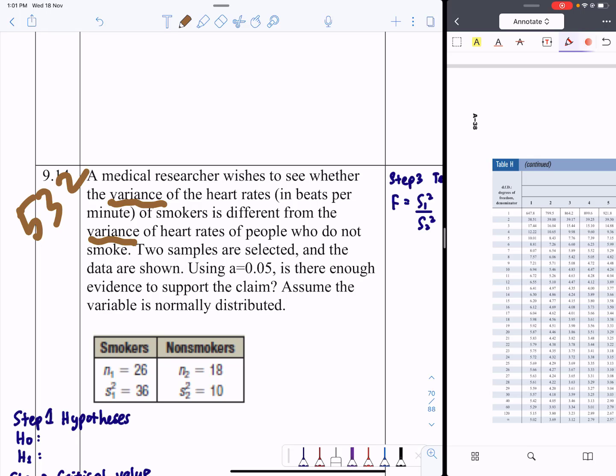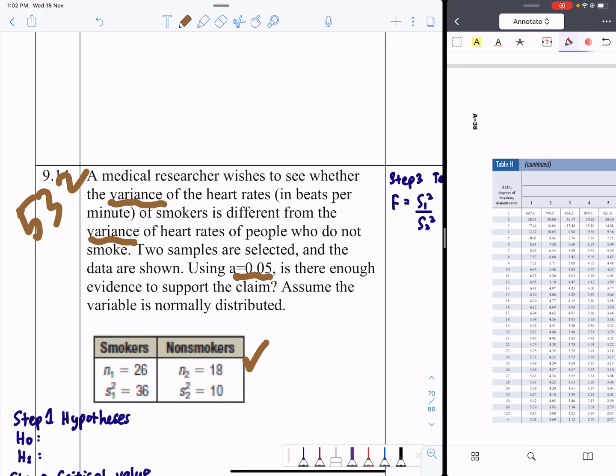Number of samples. If the number of samples is below 30, you know it's a t-test. Higher than 30 is a z-test. If it is variance, you use the chi-square. Two samples are selected and the data are shown. Using alpha 0.05, is there enough evidence to support the claim? Assume the variable is normally distributed. We have two variances here.